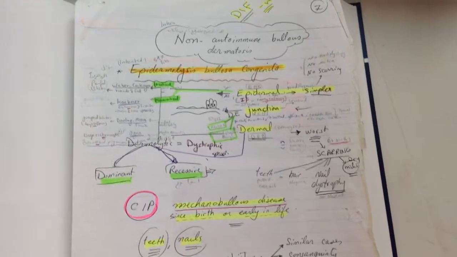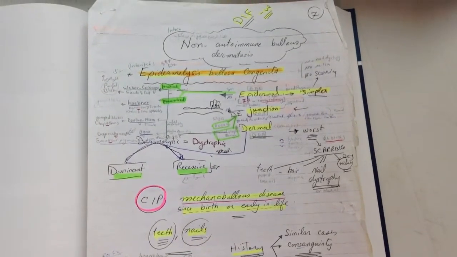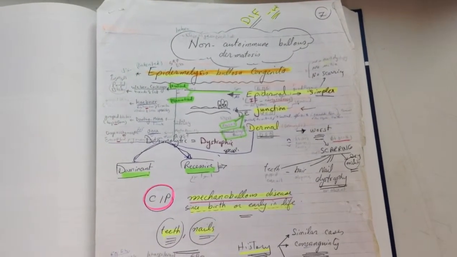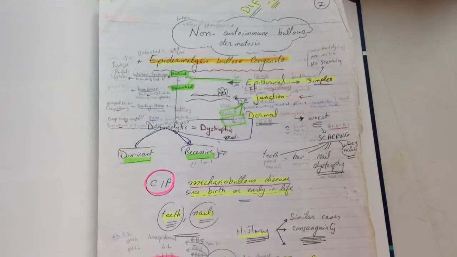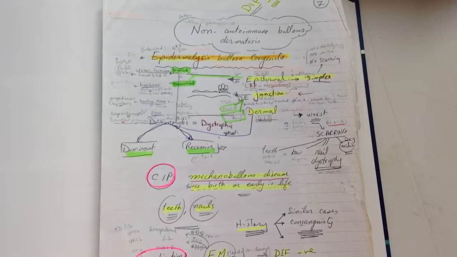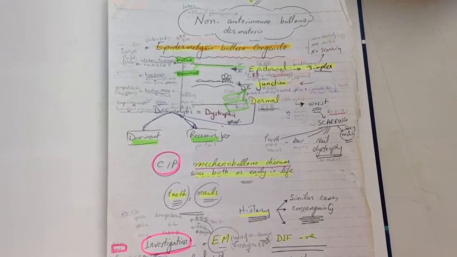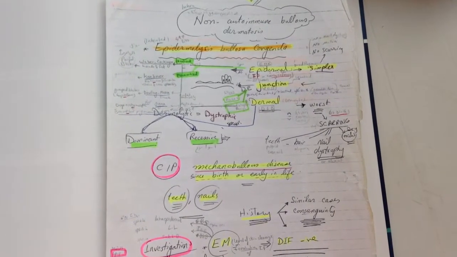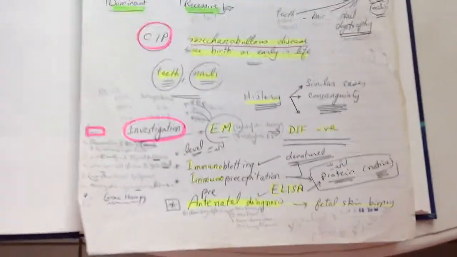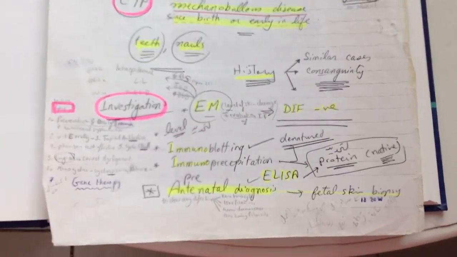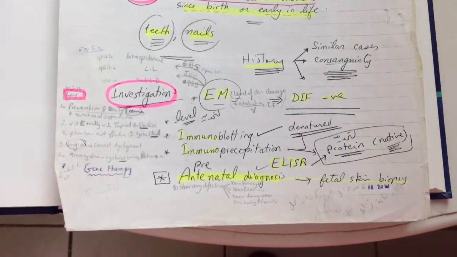Clinical picture: there is mechanobullous disease since birth or early in life. I will look at the teeth and nails, and there is a positive family history with similar cases, consanguinity. Investigations: electron microscopy to detect the level of skin cleavage.